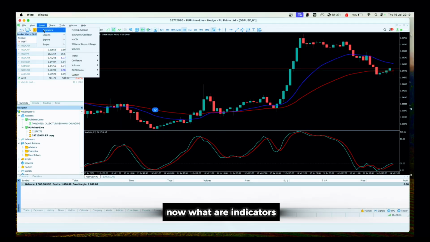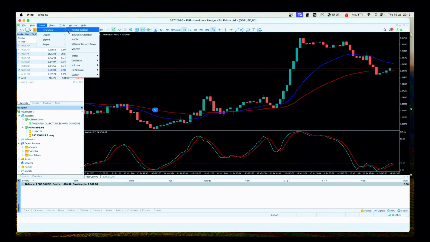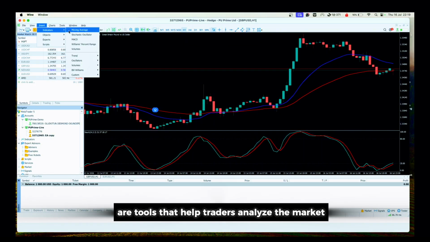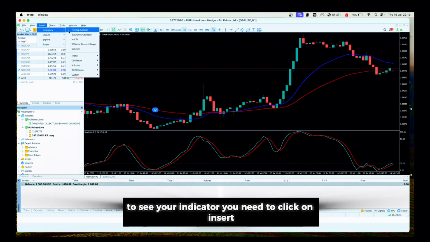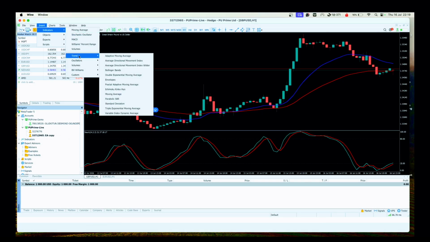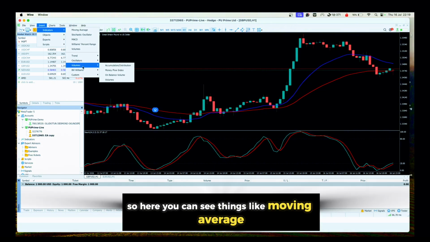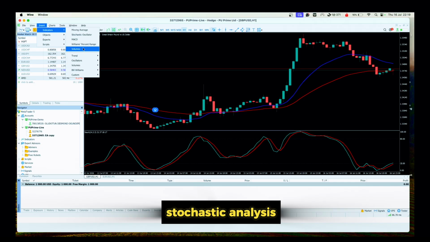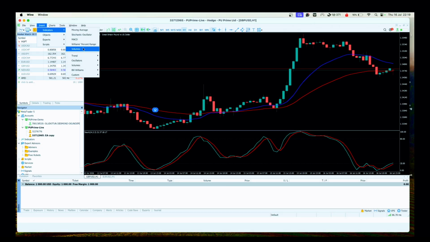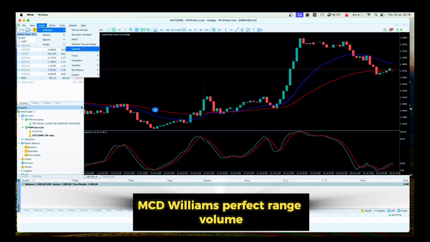So next lesson is called the indicators. Now, what are indicators? Indicators are tools that help traders analyze the market. To see your indicator, you need to click on Insert, and the next thing there is indicator. So here you can see things like moving average, stochastic analysis, MACD, Williams percent range, volume.